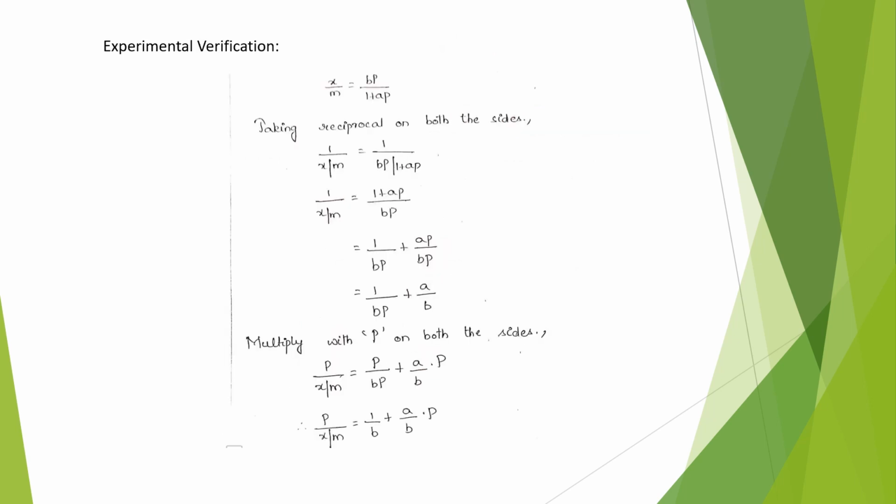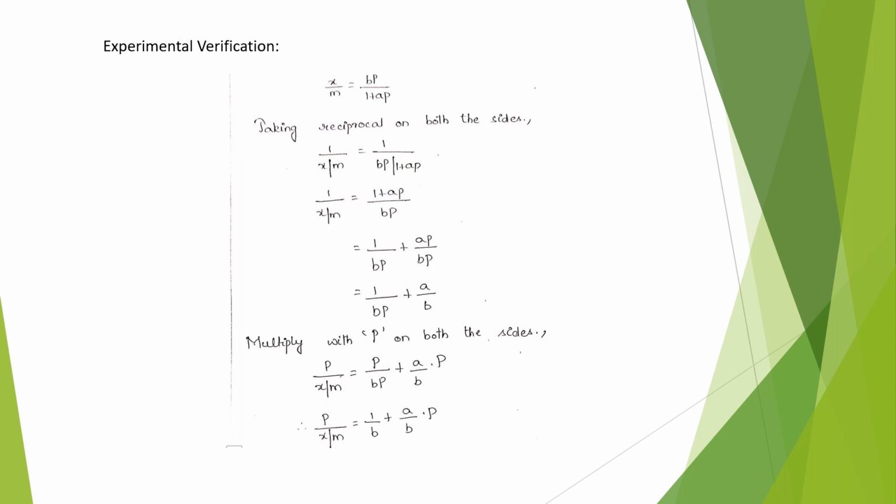Next is experimental verification. So the above equation should be verified experimentally. So now taking the Langmuir adsorption isotherm equation, that is x by m is equal to BP by (1 plus AP). So what is the next step that we have to do over here? Taking reciprocal on both the sides. Just do the above step upside down.